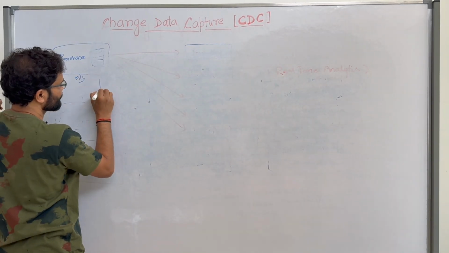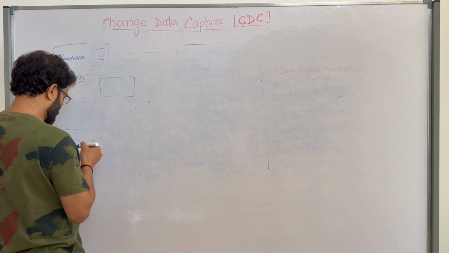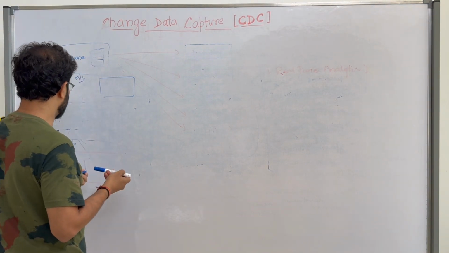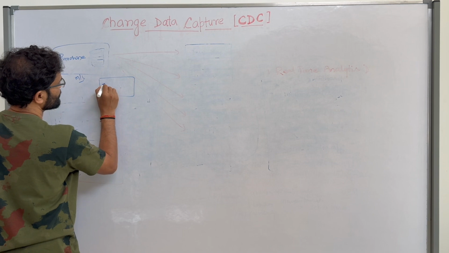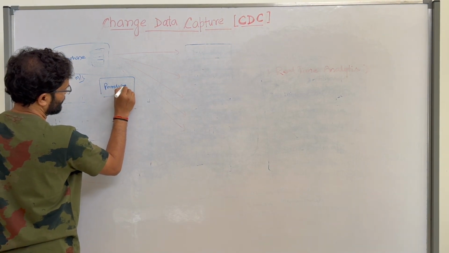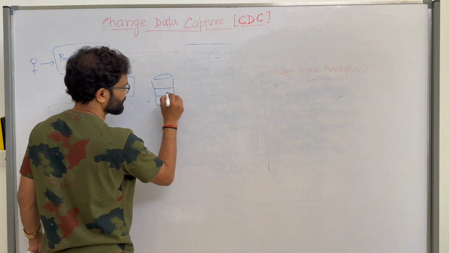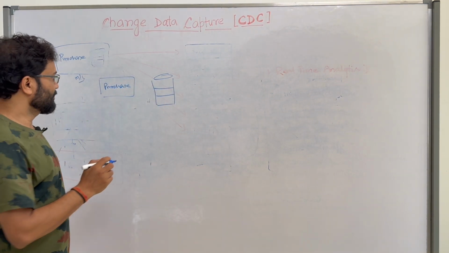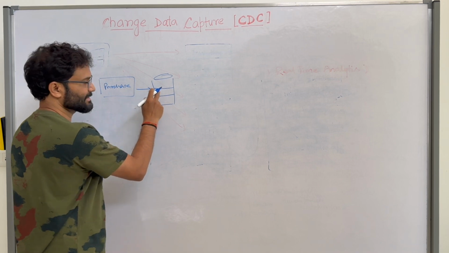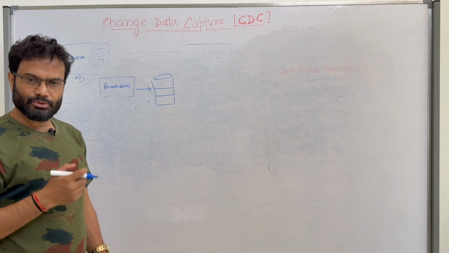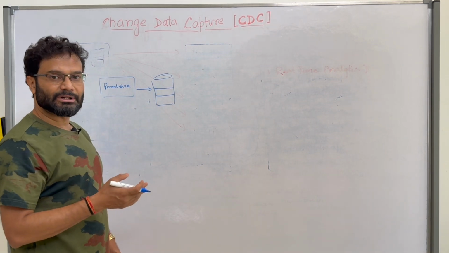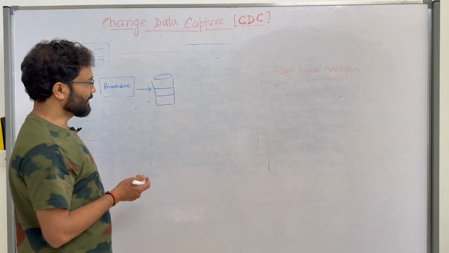Suppose this is your purchase module, and this is your purchase database. My aim is that if any transaction happens in the database, I should get notified, whether it is an insert command, delete command, update command, anything.